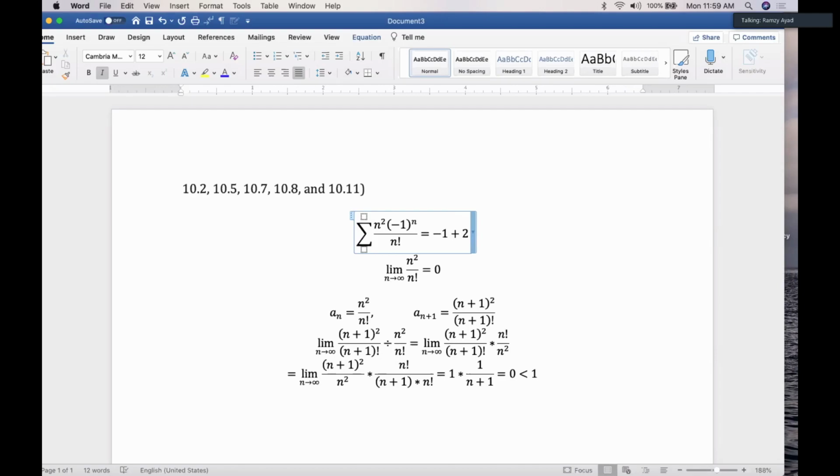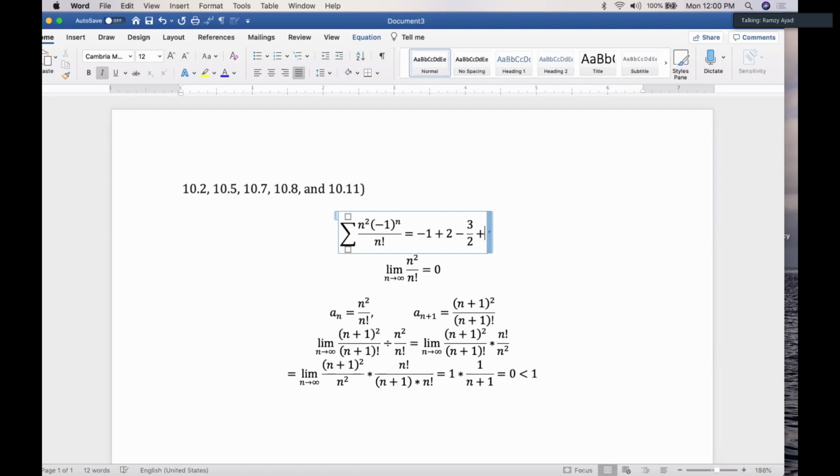Minus, what's the next term? 9 over 3 factorial. 9 over 6 is basically 3 over 2, which is 1.5. Then plus, what's the next term?